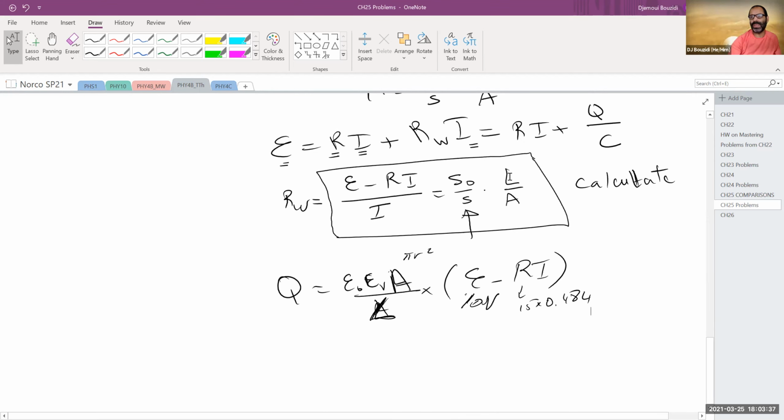And this is length, which is again 3 centimeters. That's the separation between the plates again, or the length of the wire, because this is a conductor now, so it's the length of the wire. And the area is still pi r squared, where r is still equal to 5 centimeters. So we should be able to get C from this equation. So I'm hoping that you guys will finish the calculation.